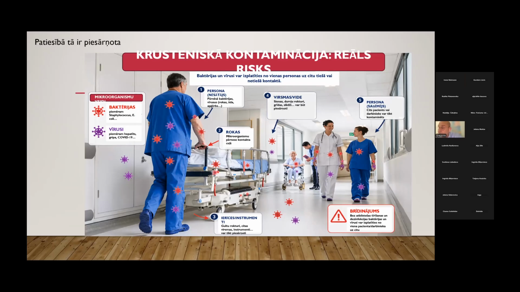It could be contaminated with bacteria, with viruses. You can find different contaminants a little bit everywhere. And what we would like to say with this is what we call cross contamination. If you see this man, if his hands are not clean, for example, or the handrail has not been correctly cleaned and disinfected, he will bring the contamination from the patient room to, let's say, the operating theater.